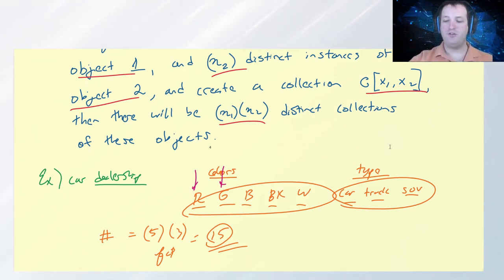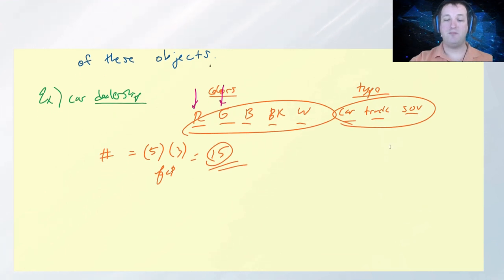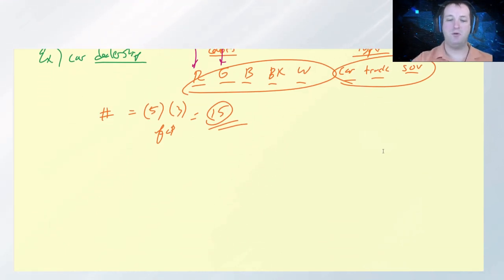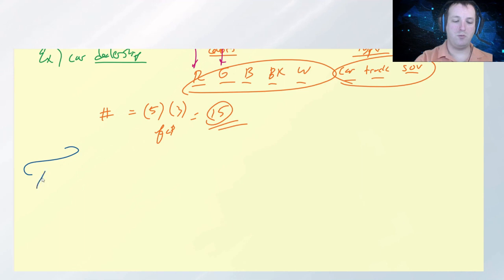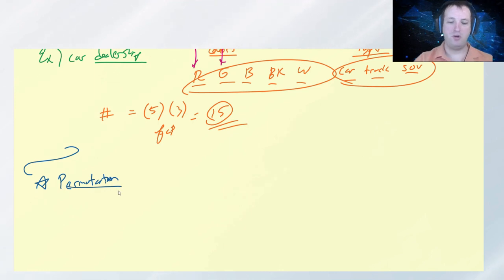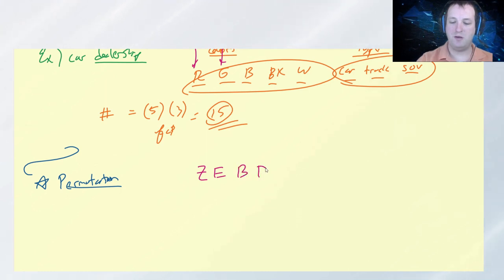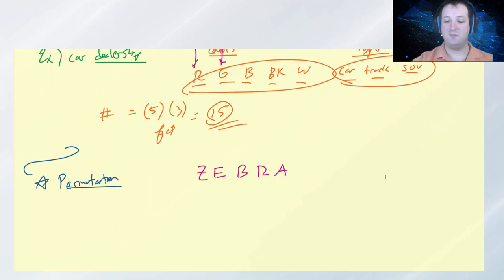All right. So the first type of counting method, aside from the counting principle, that people usually work with is what we refer to as a permutation. So let us consider a very basic example. Let us consider the word zebra, Z-E-B-R-A, and let us consider the rearrangements of these letters.